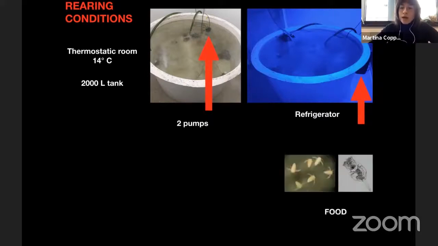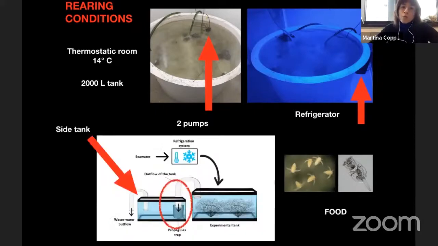The colonies were fed twice a day with Artemia nauplii and rotifers. The entire volume of water was exchanged in 24 hours, and prior to leaving the thermostatic room, all this water was passed through a side tank that was equipped with a propagule trap.